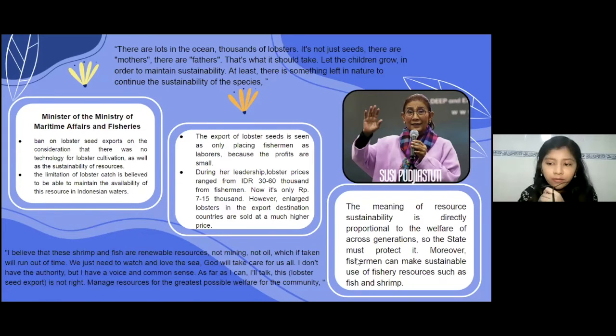Moreover, fishermen can make sustainable use of fisheries resources such as fish and shrimp. She also stated that she believed these shrimp and fish are renewable resources, not mining, not oil, which if taken will run out. We just need to watch and love the sea. God will take care of us all.